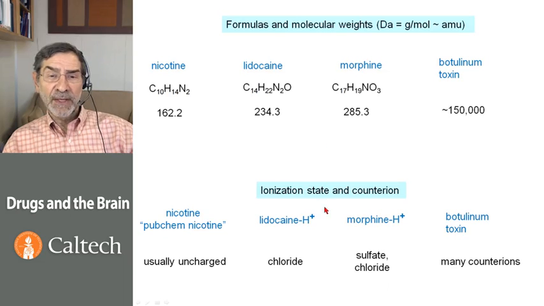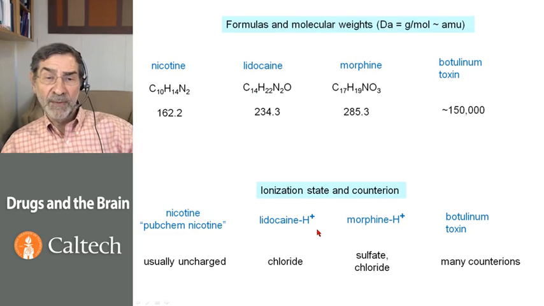On the other hand, when one buys lidocaine or morphine from the manufacturer, these are salts, soluble, sometimes injectable. So typically lidocaine is found as the hydrochloride. Morphine is found either with a proton attached with sulfate as the counterion or with chloride as the counterion.